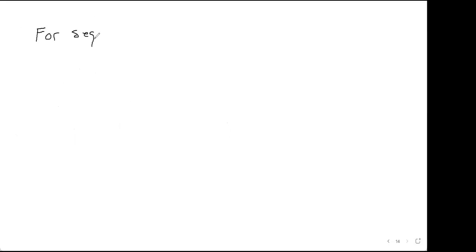Here would be an example for this sequence, and let's say -1, 1 over 4, -1 over 27, 1 over, I don't know what the number is, but 4 to the 4th, and so on.